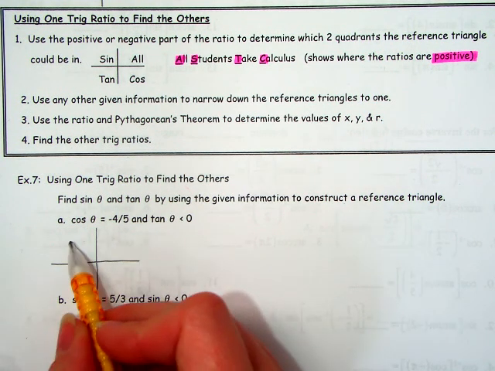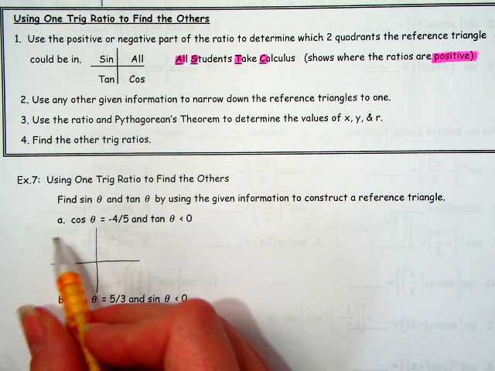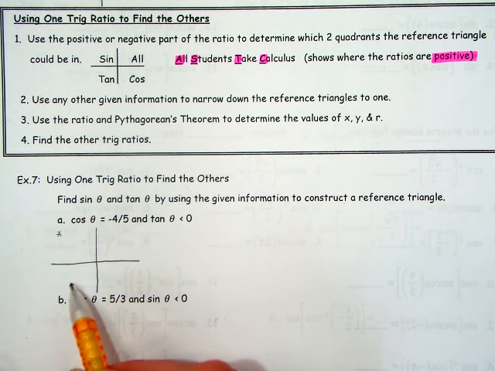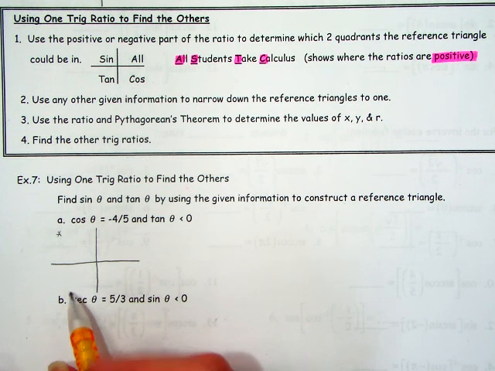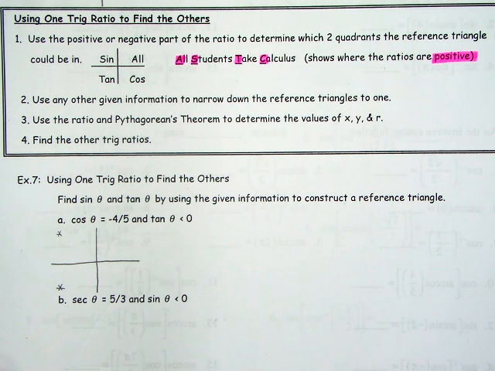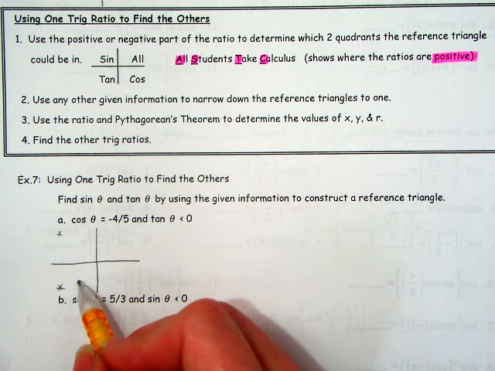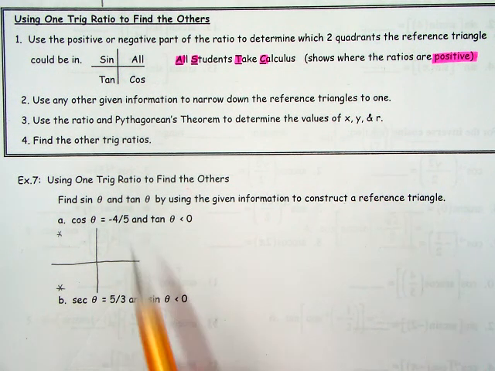Sine is the only positive one here, so cosine could be negative there, or cosine is negative there. Tangent is the only one positive in the third quadrant, so that means cosine's negative there. And then cosine is positive in the fourth. So I'm either in the second or third quadrant, since my cosine is negative.